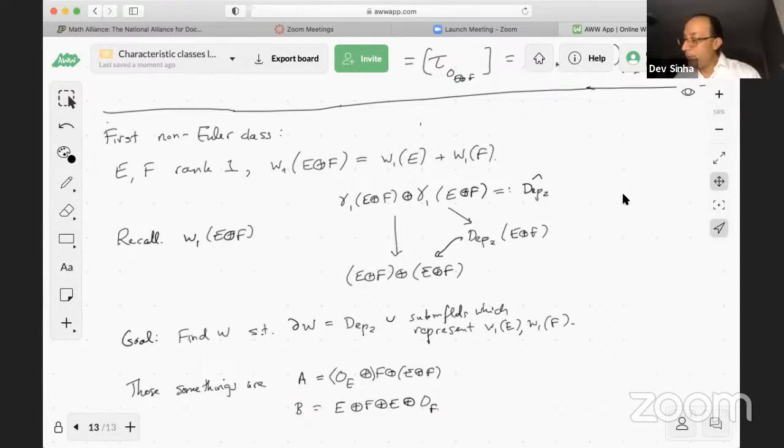I claim that A represents W1E and B represents W1F. So in fact, these are just two codimension 1 subspaces.